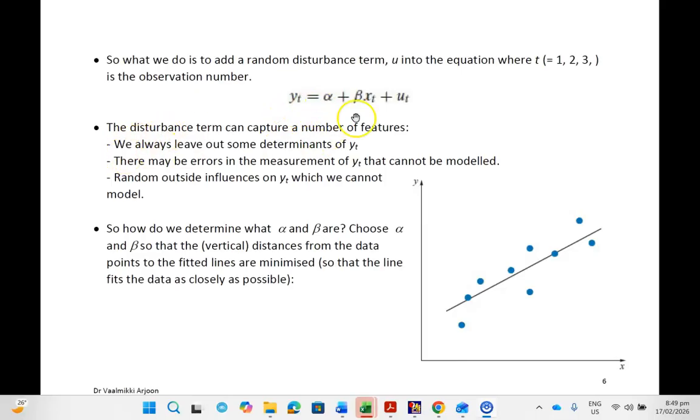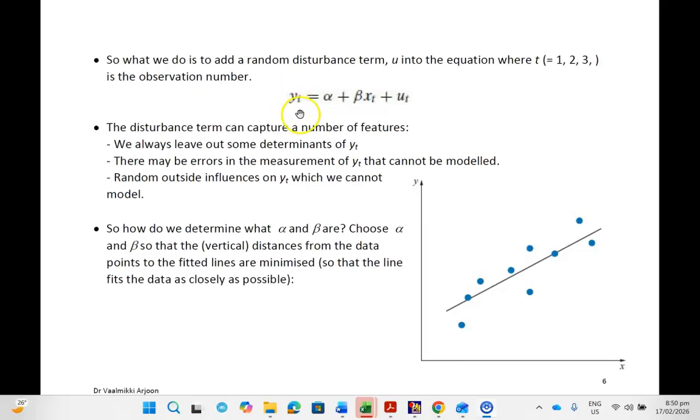The most popular reason for this disturbance term u is that X is not going to tell you everything about Y. So let's say X is taxation. We're looking at how taxes affect the sales of a particular commodity in a district.